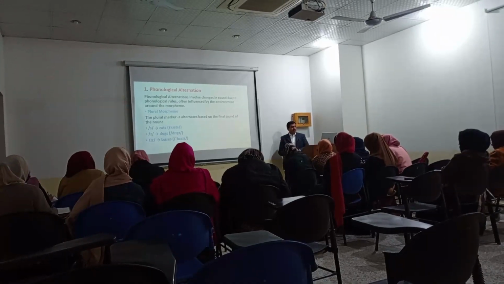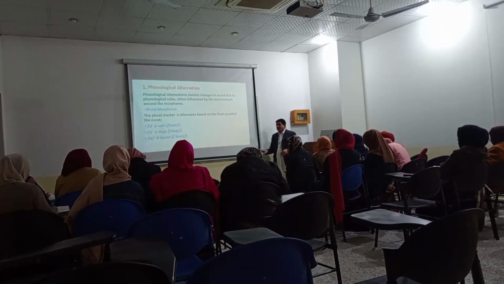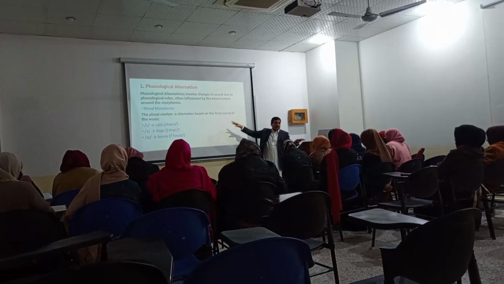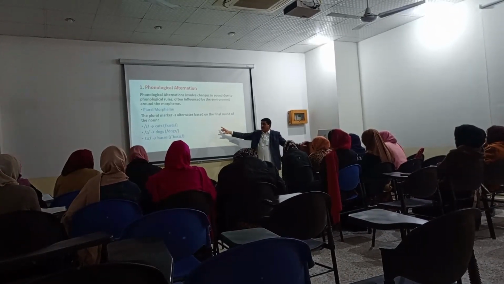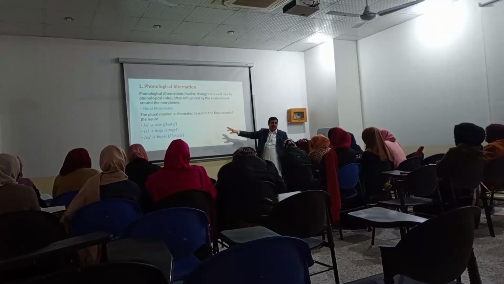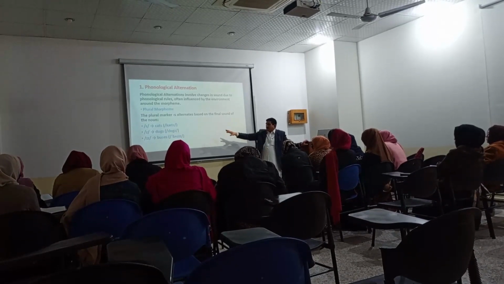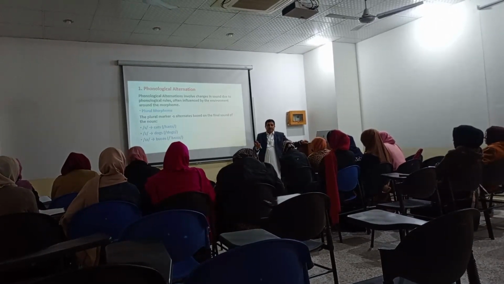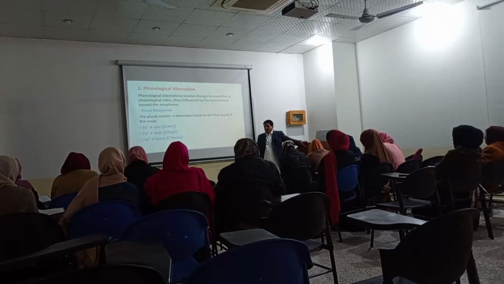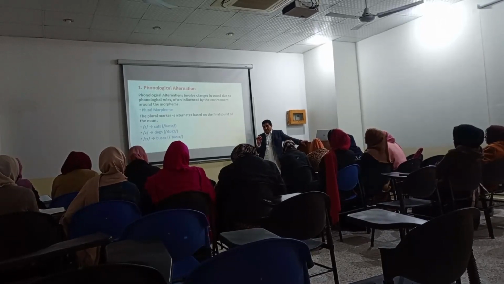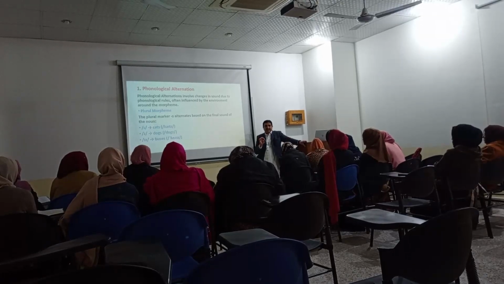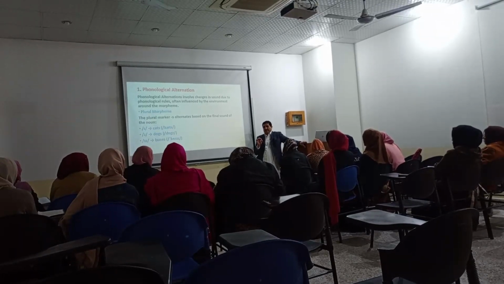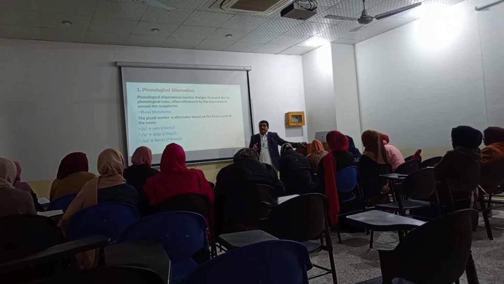Now, for example, plural morphemes. We have already discussed this type of pattern. Look at this that I have highlighted in blue. For example, the plural morpheme S. The morpheme is s, but we have to utter it differently.